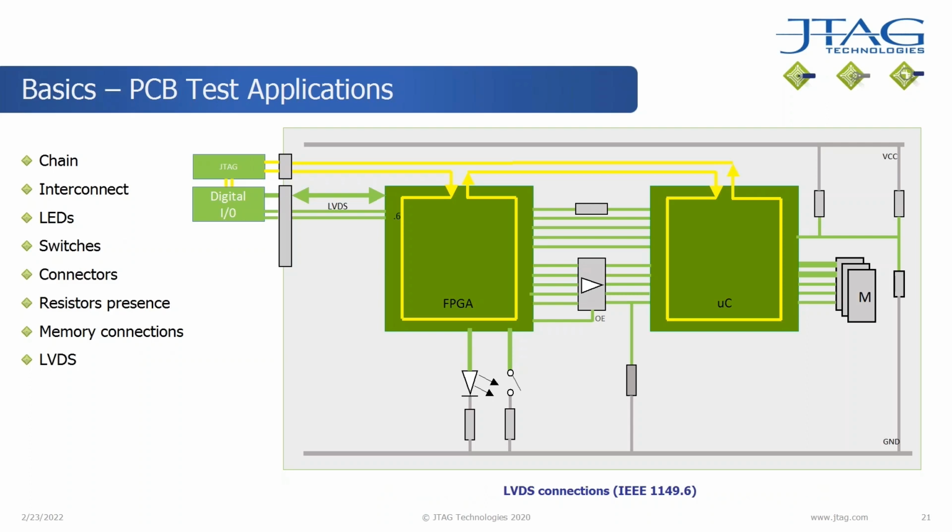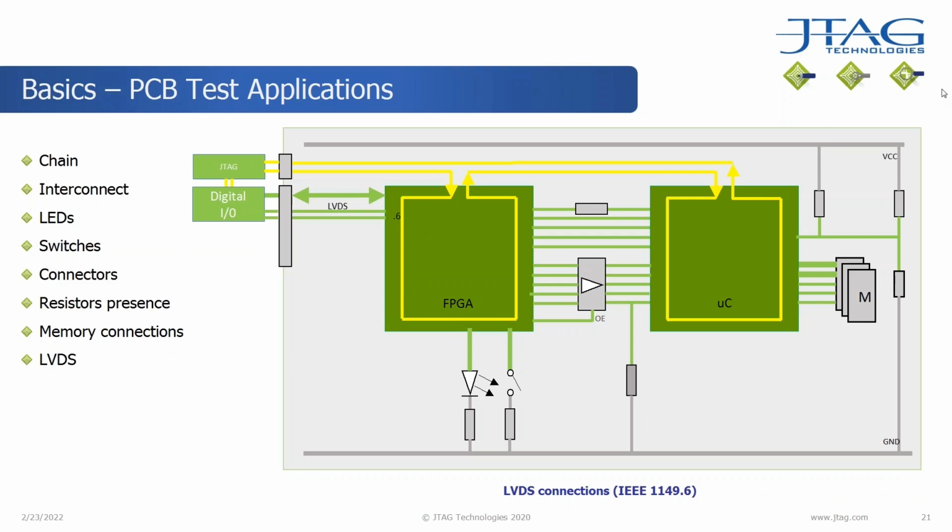LVDS I mentioned earlier, so there is this special extension to the standard called 1149.6, which has an extra instruction. As well as an instruction called xtest, which is the external test instruction that controls the boundary scan register, there's an instruction called AC xtest.